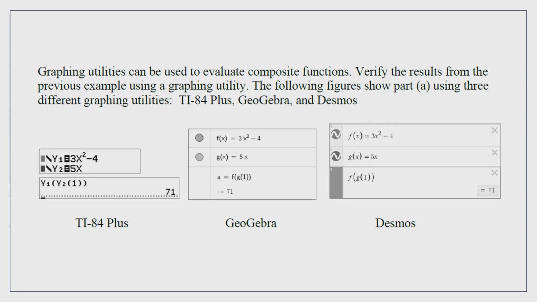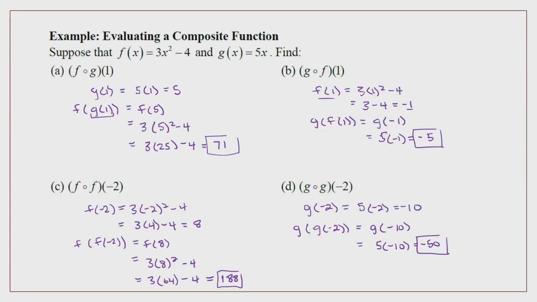Other graphing utilities that you can use are GeoGebra and Desmos, with a very similar format as you see here in these images. But since we're using our TI calculators, I'll show you how to do that one. So let's go back to our problems and pull up our calculator.